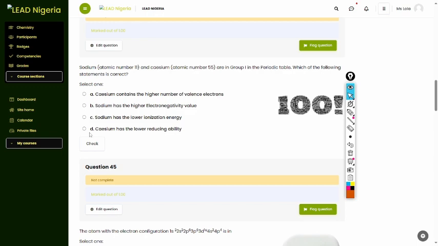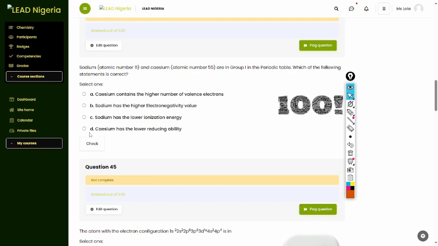All right, so B could be correct. Let's look at C. Sodium has a lower ionization energy. This is not true because they are both in different periods, and cesium has a higher period than sodium, so it has a higher number of shells than sodium. And the higher the number of shells, the farther away the outermost electron is from the nucleus.